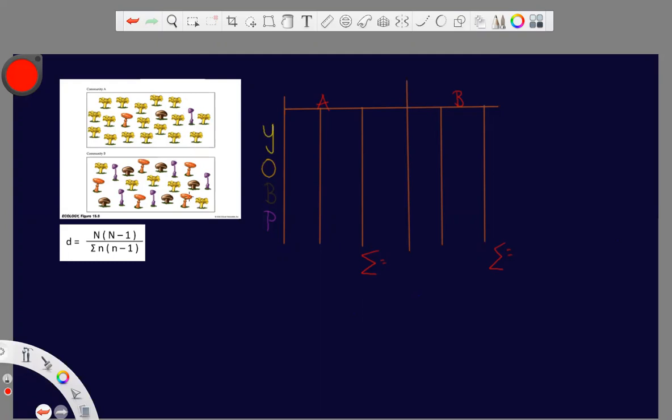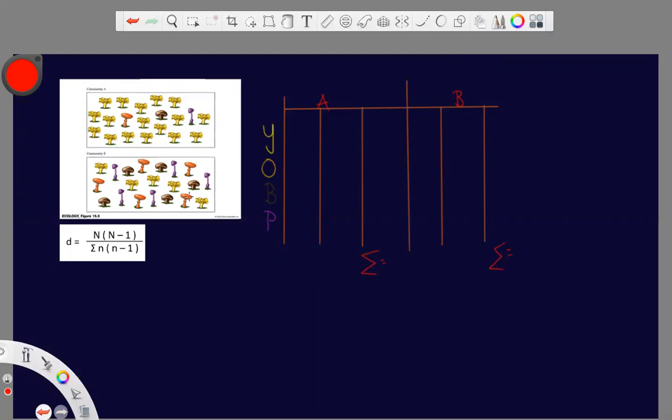And then you've got community B, which has equal numbers of all of the different fungi. We're going to calculate the index of diversity for each community, and then using that number, we'll be able to say which one has the highest index of diversity.